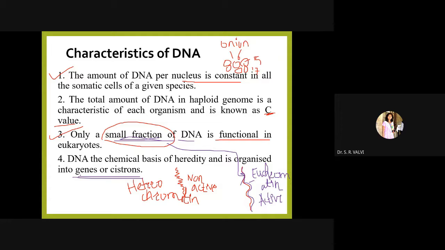A gene is responsible for synthesis of RNA, whereas, please listen carefully, a cistron is also a nucleotide sequence, responsible for synthesis of the polypeptide sequence of a functional protein. So I will write here P for protein, and genes are responsible for RNA, right?